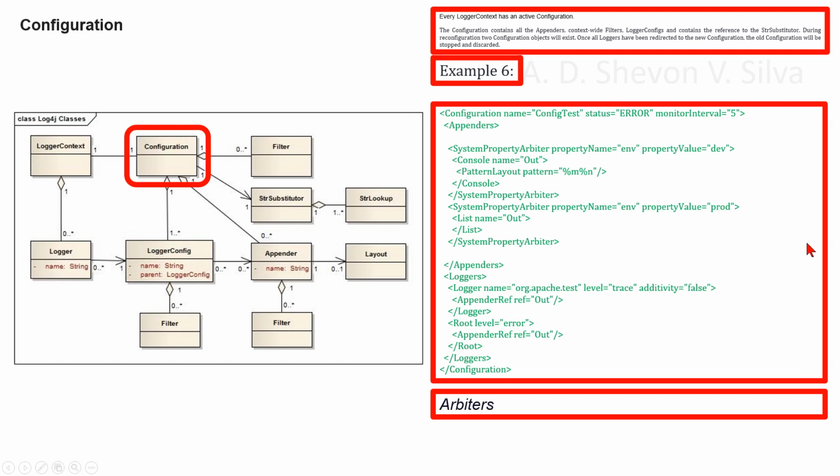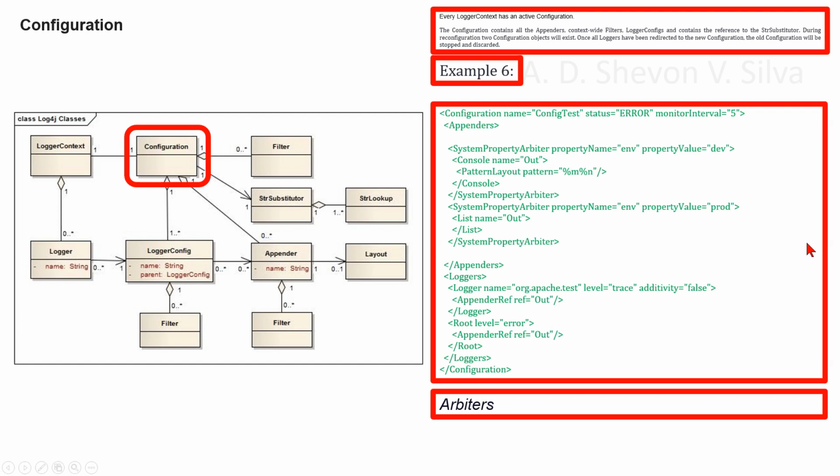Another case might be where one type of appender is used when running natively, but another is used when deployed to a Docker container. One way to handle this is to use a tool such as Spring Cloud Config Server that can be environment aware and serve a different file for each environment.